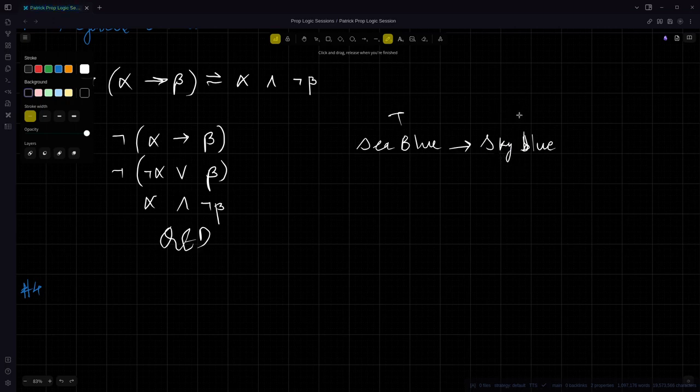Okay, it is blue. Then this conditional is true. That's how you would evaluate the conditional. But it doesn't necessarily mean that one causes the other, right? Yes, the material conditional does not talk about a causal relation.